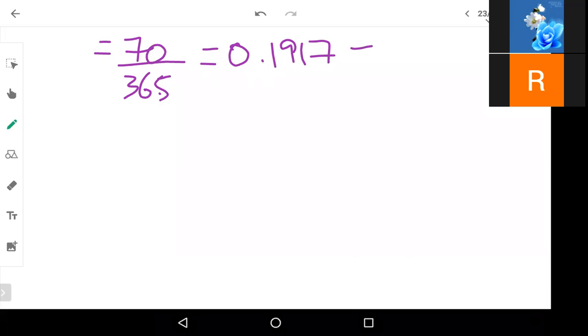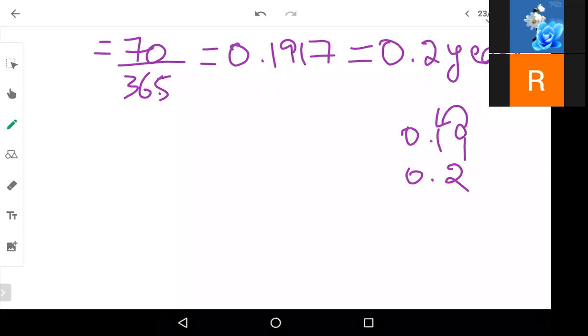So if we round this off, can we say 0.2 years approximately? That is 0.19, right? So this 9 I have rounded off. So I've taken 0.2 years. Okay, so that is our time. 0.2 years is our time.